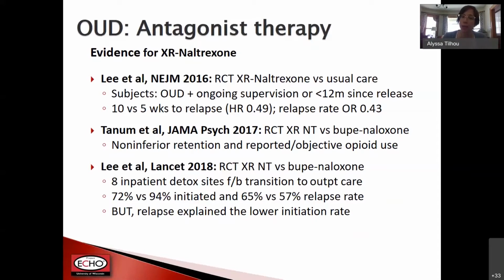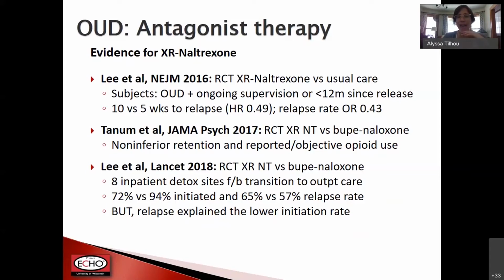This was a randomized trial comparing IM naltrexone to bupe-naloxone at 8 different inpatient detox sites, followed by transition to outpatient care. They found that in the overall sample, the extended release naltrexone group had a lower rate of initiation, 72% versus 94%, and a higher relapse rate, 65% versus 57%.